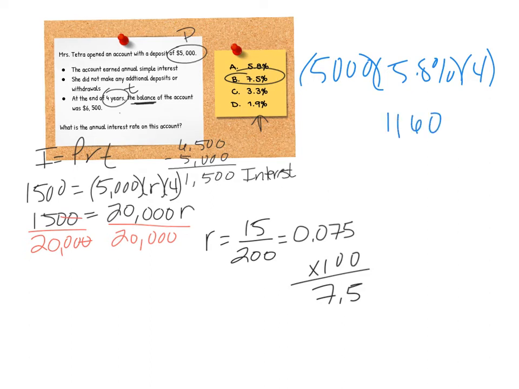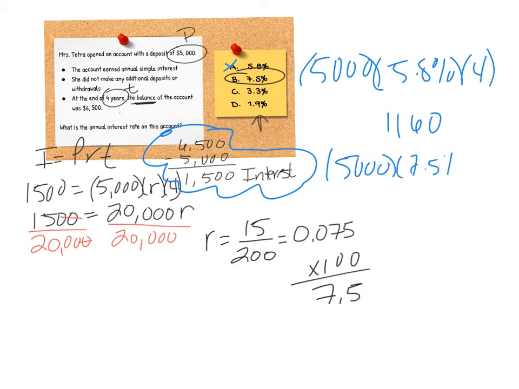That's not 1,500. Remember, you still have to do this. This is how you start either way. So it can't be A. Right? And then when I do B, I get 1,500. So I know that that's the right answer. So 5,000 times 7.5% times 4. That gives me 1,500, so that's my answer.